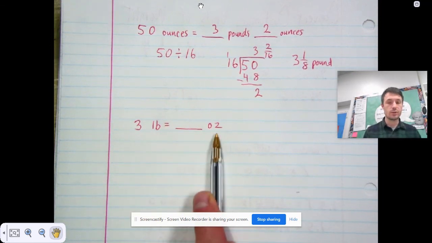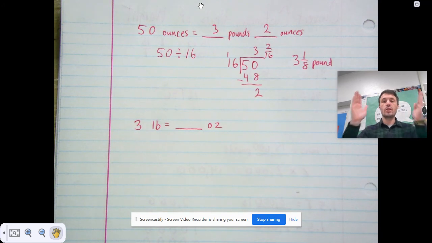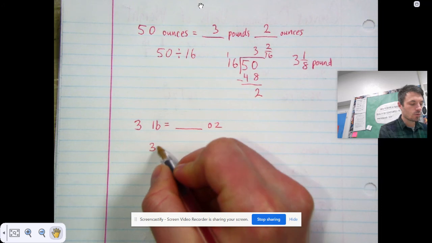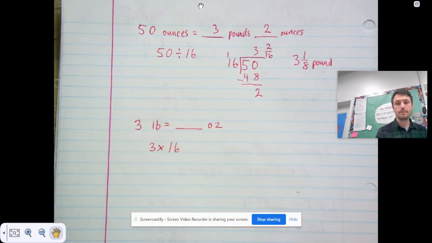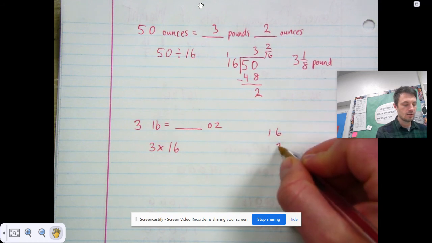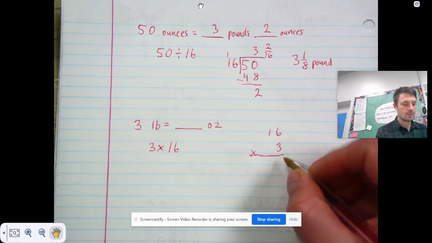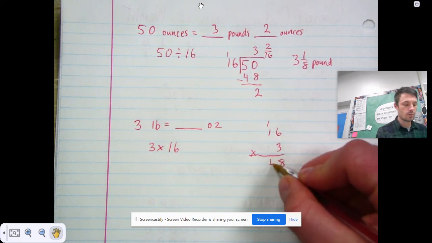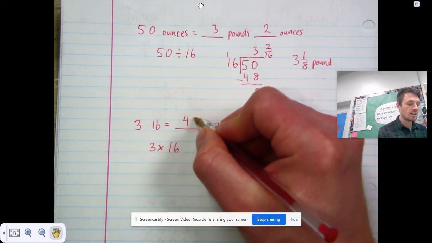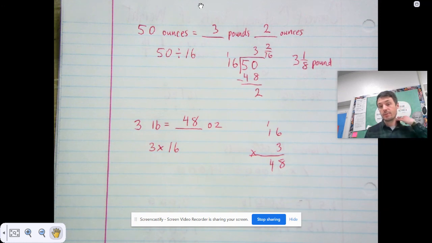We're converting from pounds to ounces, so we're going from a larger unit to a smaller unit, so we're going to multiply, and it's going to be 3 times the amount of ounces that can fit into 1 pound, which is 16. So 16 times 3. 3 times 6 is 18, carry the 1. 3 times 1 is 3, plus 1 is 4. So there's 48 ounces in 3 pounds.